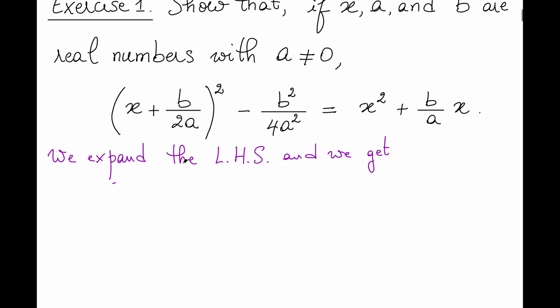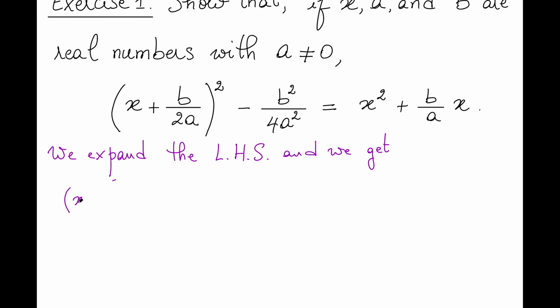Well, let's copy it first. So (x plus b over 2a) squared minus b squared over 4a squared. This is the left-hand side, right? And let's expand it. How am I going to expand this? I'm going to expand this expression, which is the square of a sum, you see?